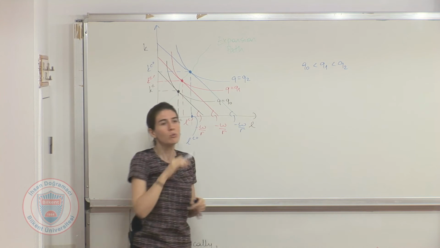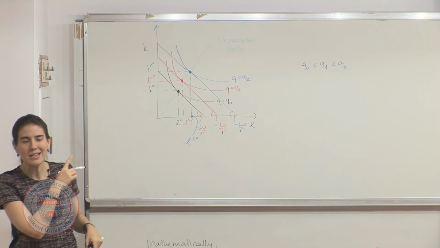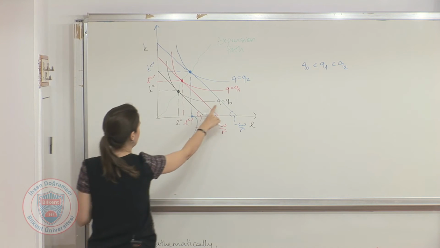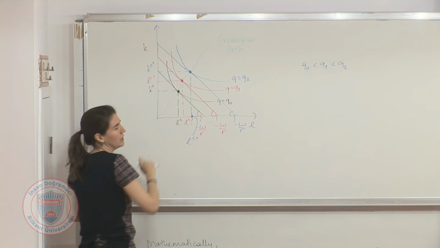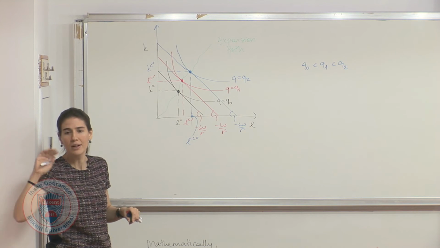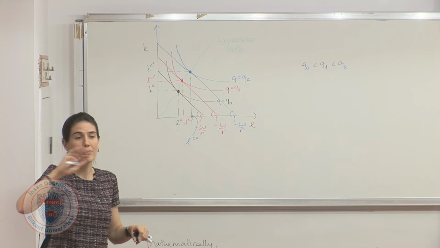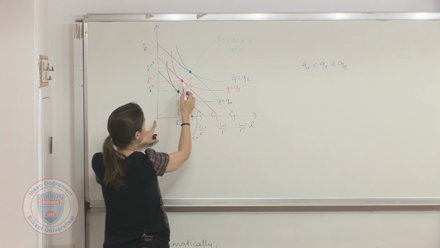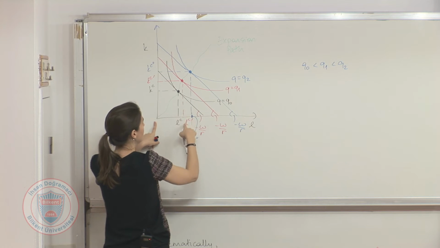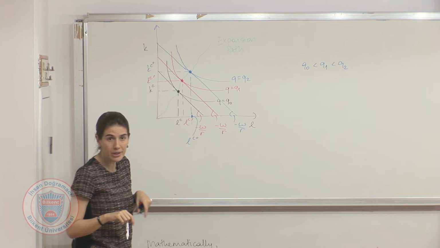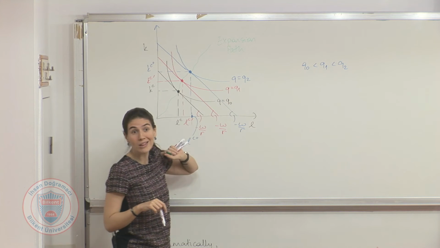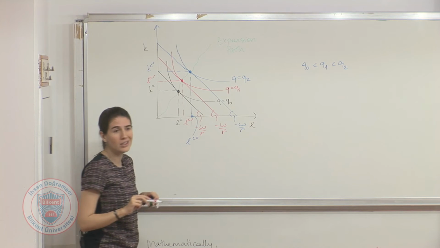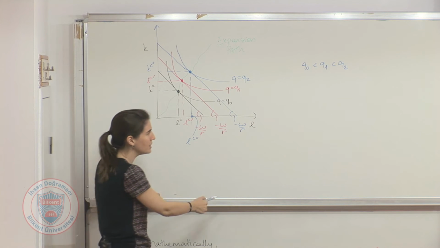If Toyota would like to expand, these are all the optimal amounts of capital and labor they should be using. If they would like to produce this much, this is the optimal amount of capital and labor in order to produce Q1 level of output, right? This is called the expansion path.